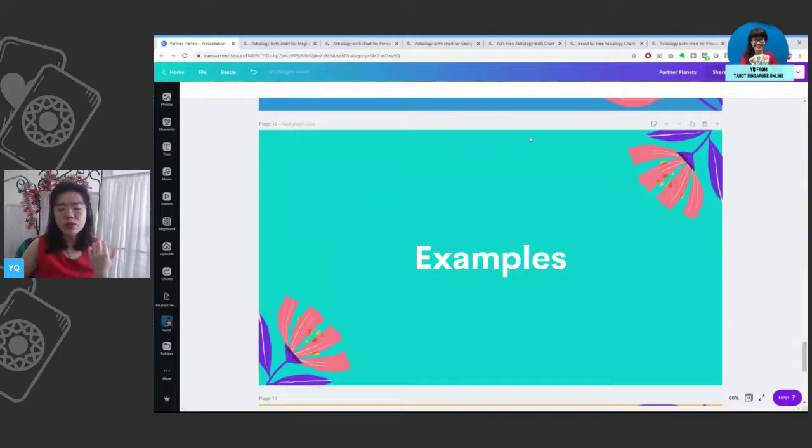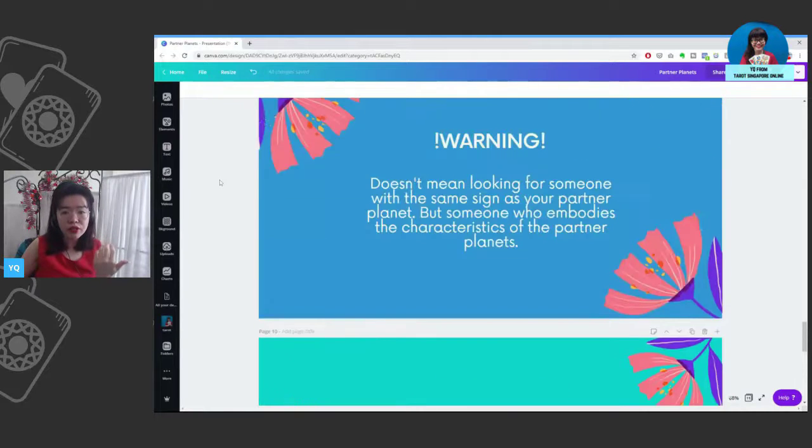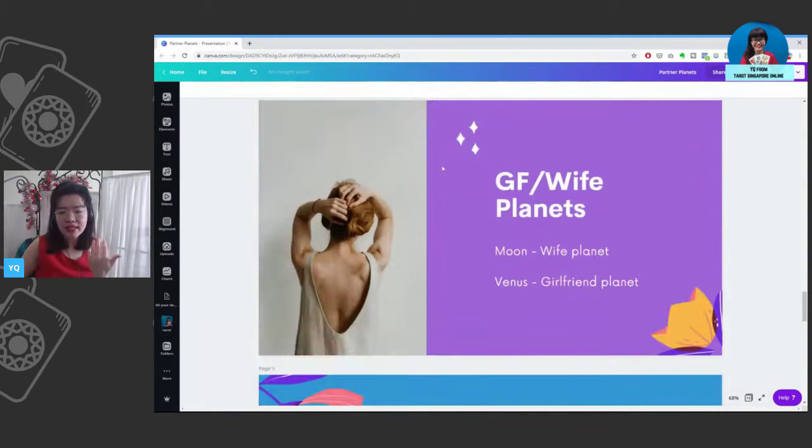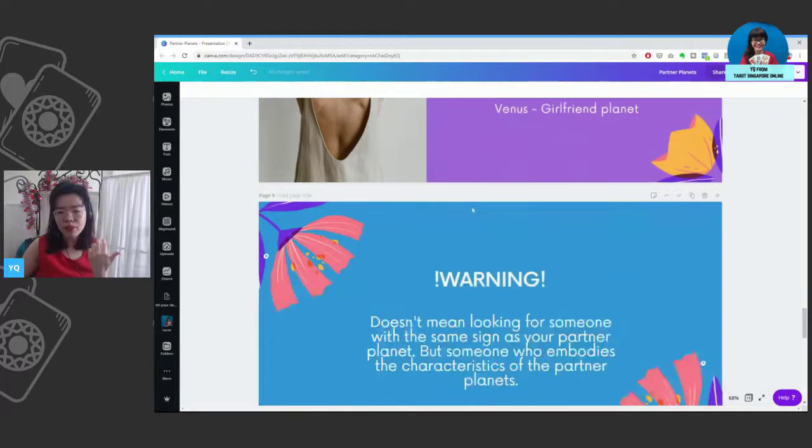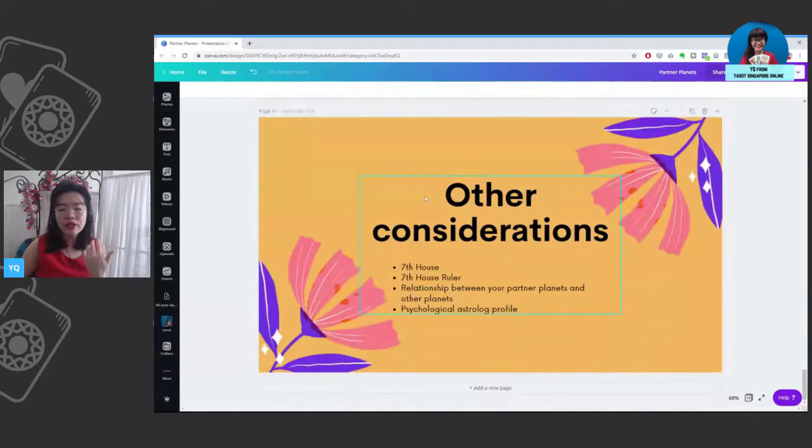But these are just the very basic examples. If you're interested, you can always go back and see your girlfriend or wife planet, moon planet. But eventually there are still a lot of considerations when it comes to your partners, the people you eventually settle down with.